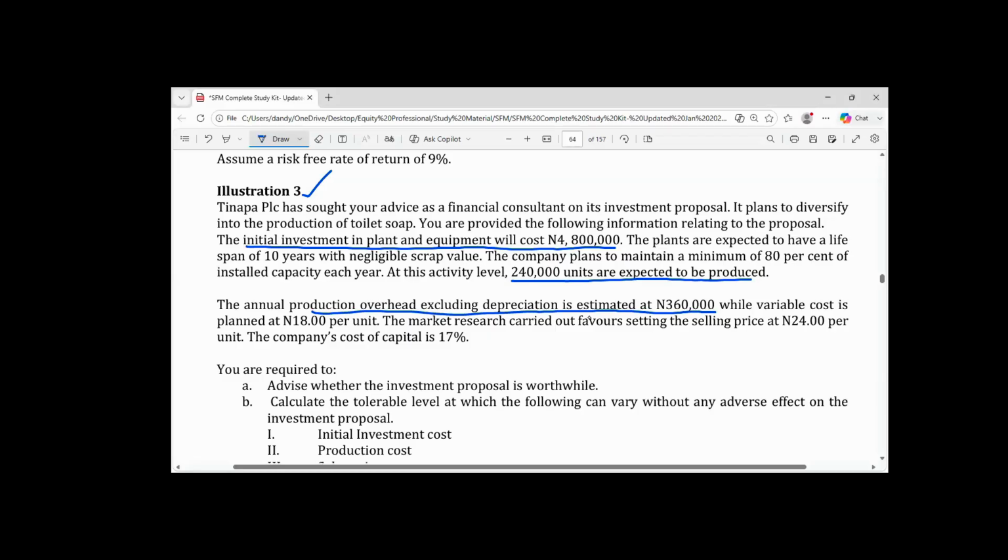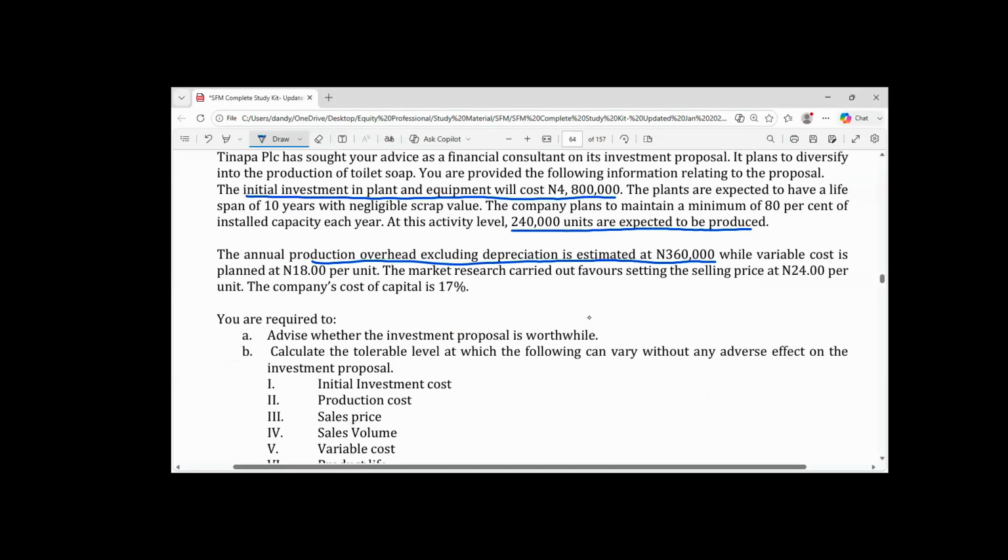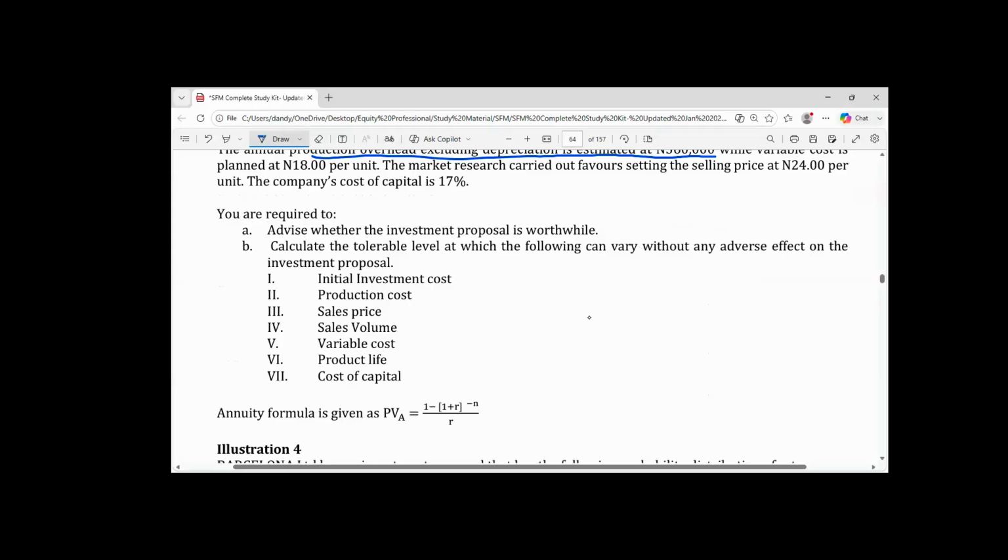The company's cost of capital is 17%. You are required to advise whether the investment proposal is worthwhile, calculate the tolerable level at which the following can vary without any adverse effect on the investment proposal: initial investment cost, production cost, sales price, sales volume, variable cost, product life, and cost of capital.